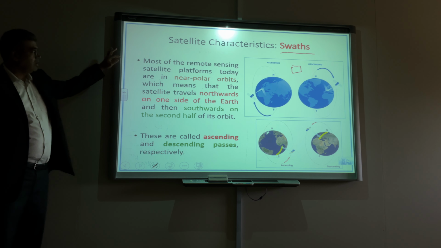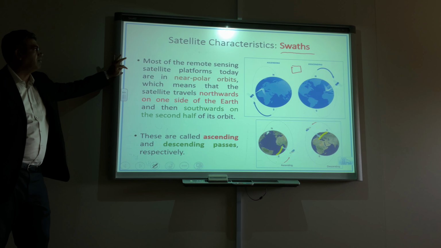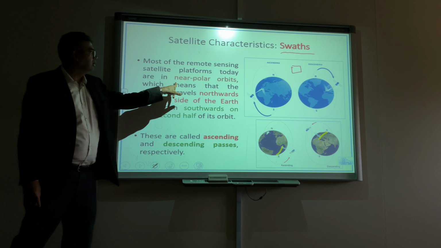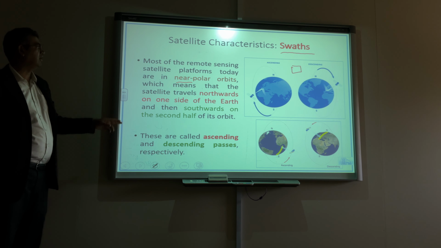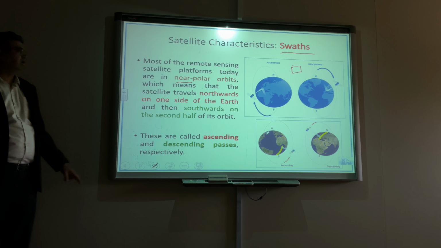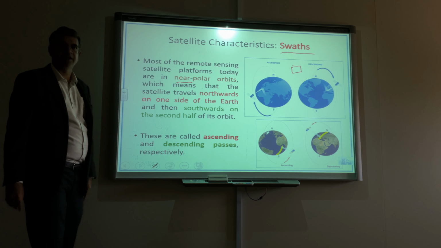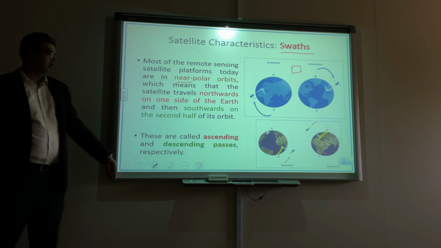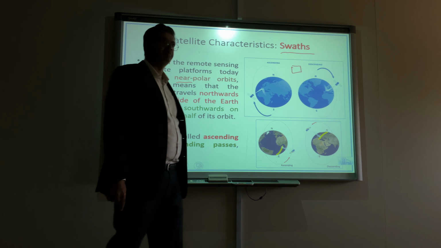So most of the remote sensing satellite platforms today are in near polar orbits, which means that the satellite travels northward on one side of the Earth and then southward on the second half of it. Okay? These are called as ascending paths and descending paths.